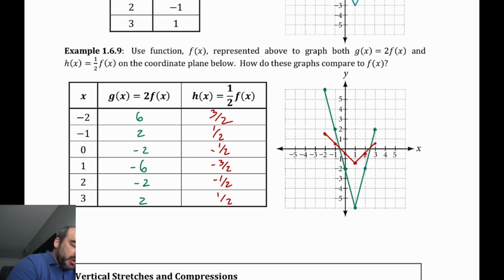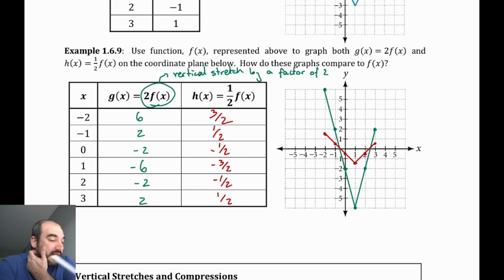This 2 f of x we would write is a vertical stretch by a factor of 2 because all of the y values were multiplied by 2.